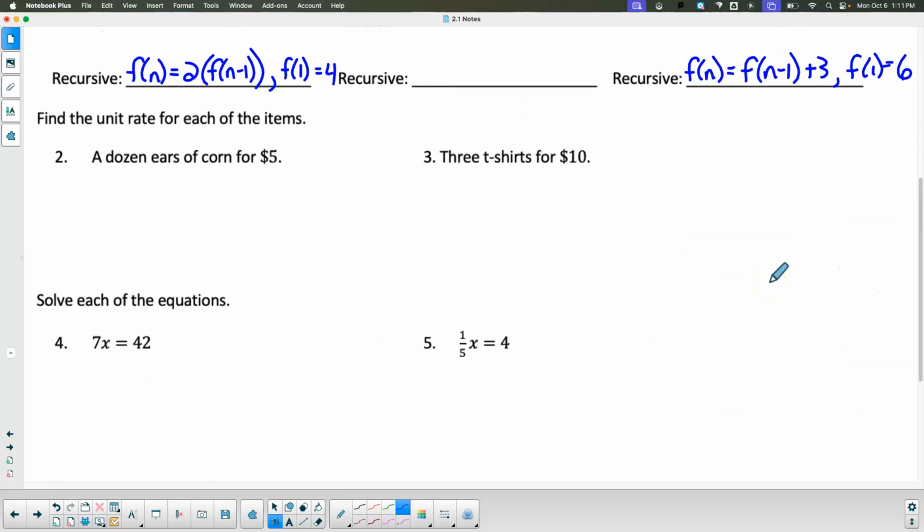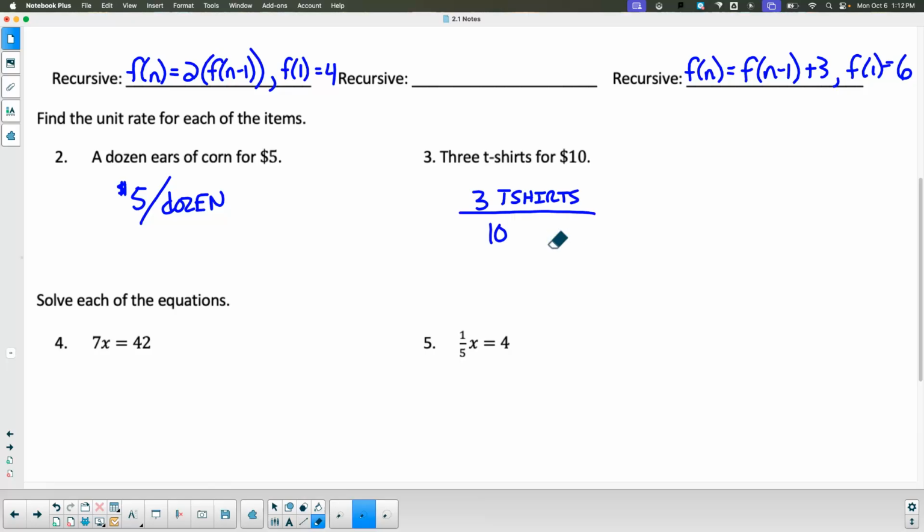Unit rate. A dozen ears of corn for $5. That means that my unit rate would be $5 per dozen. 3 t-shirts for $10 would be 3 t-shirts for $10.